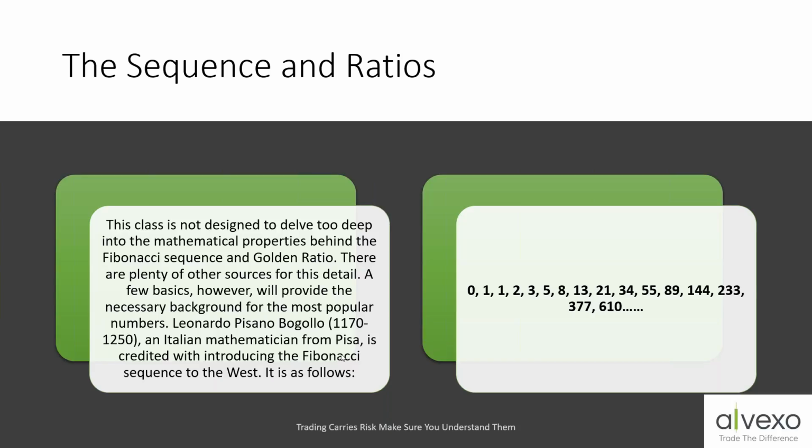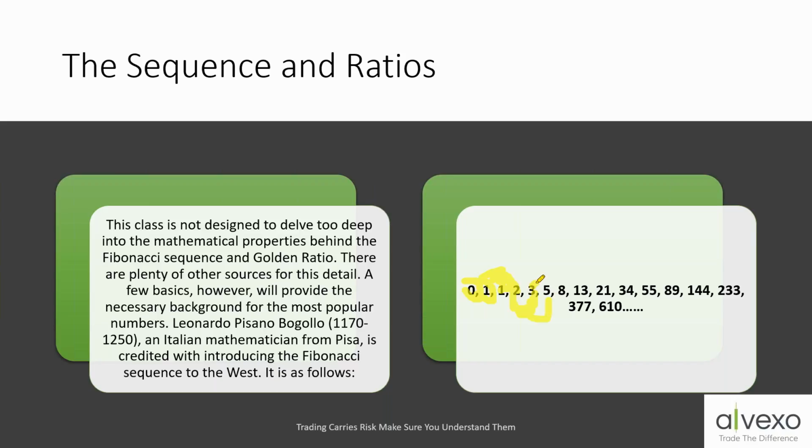Now, the way we actually get each Fibonacci number is by combining the previous numbers. In other words, we start out with 0 and add that to 1. What do we have? We have 1. We add the last 2 digits, 1 and 1 together, we get 2. When we add 1 and 2 together, we get 3. When we add 2 and 3 together, we get 5.